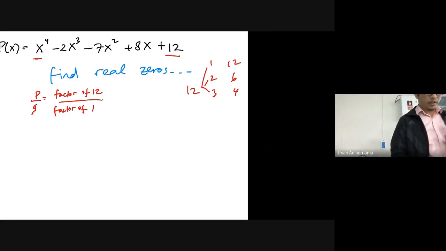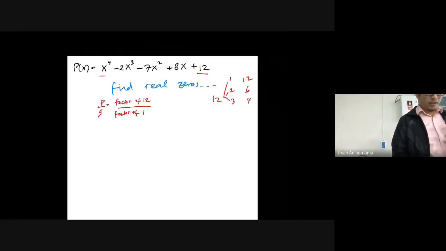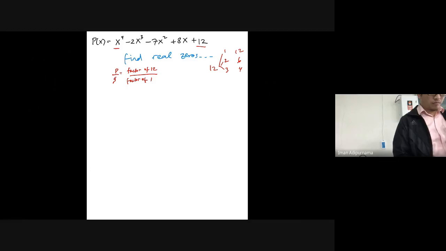So we have 6 numbers here, which means our possible zeros, let me write this as possible zeros, is plus minus 1 over plus minus 1.